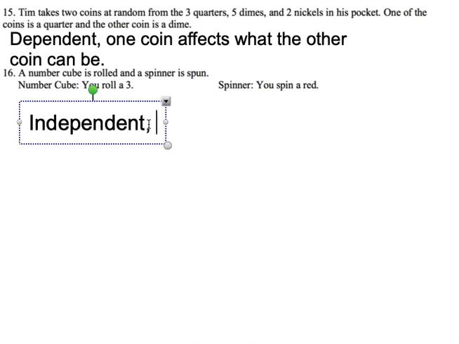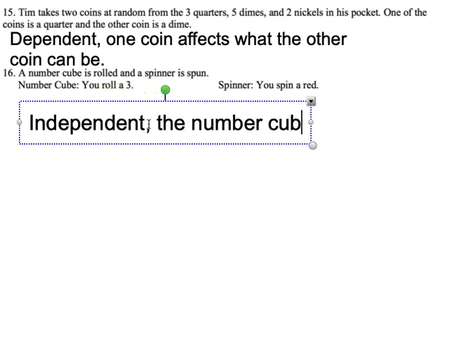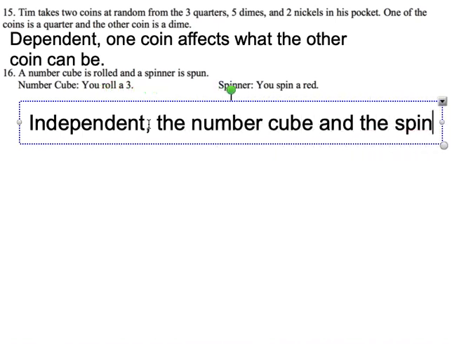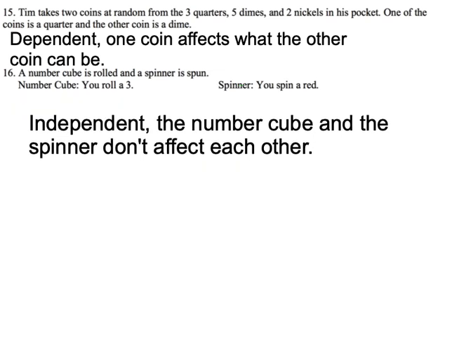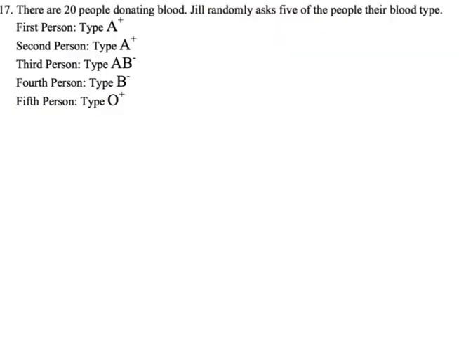Independent because the number cube and the spinner don't affect each other. They're completely independent objects.